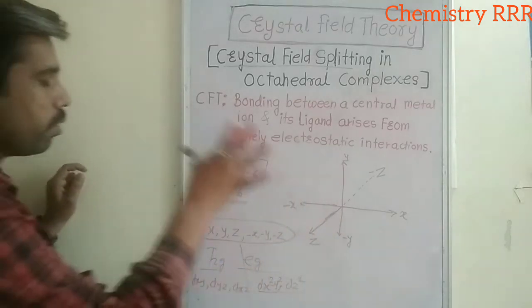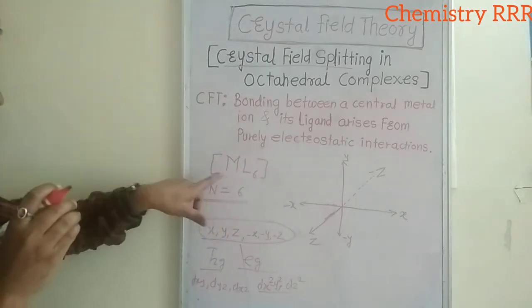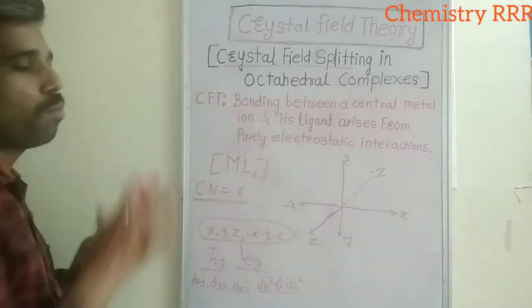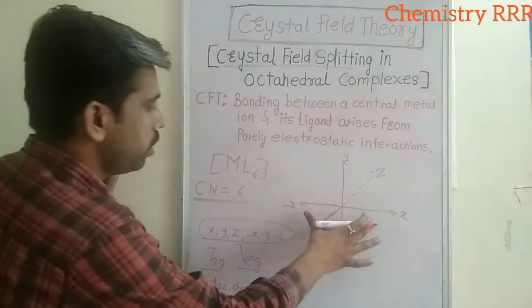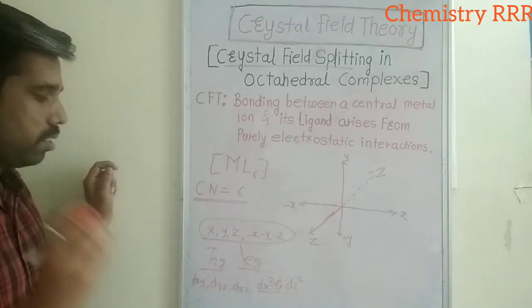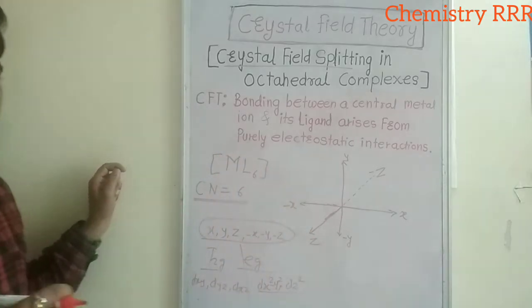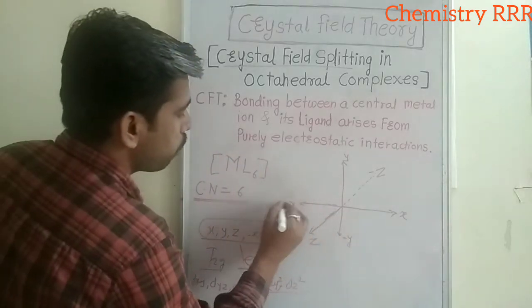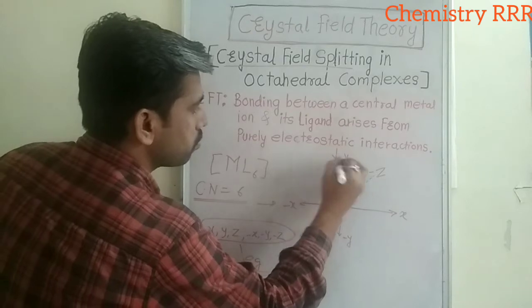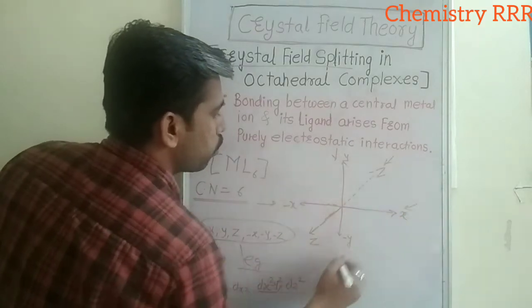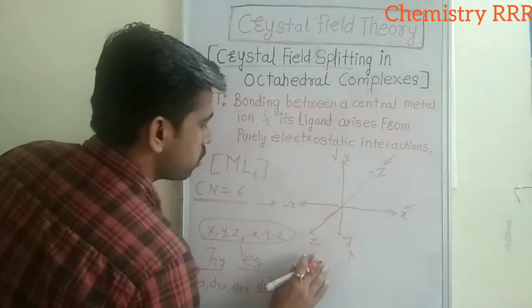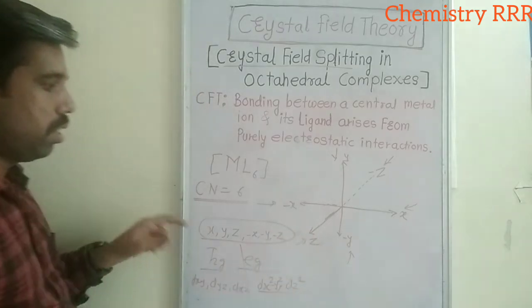Now when ligands approach the metal in the octahedral complex, the orbitals present along the axes are the dx square minus y square orbital and the dz square orbital. The 6 ligands approach along these 6 axes. There is an interaction with the electrons present on the ligand. For example, an ammonia ligand approaches along the axis.